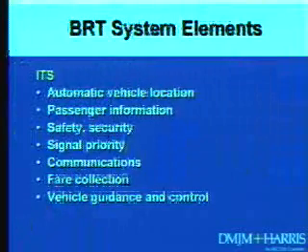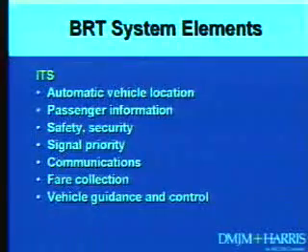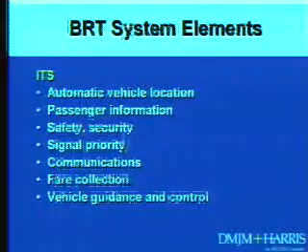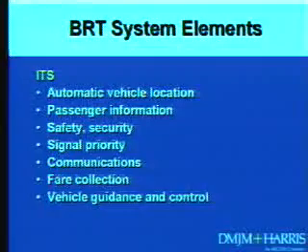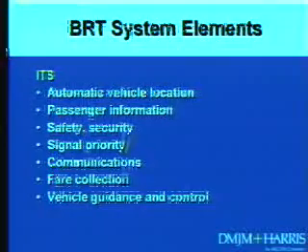Intelligent transportation systems. A whole lot of different things help implement bus rapid transit. Automatic vehicle location, AVL, gives us the capability to manage the system, keep the buses spaced apart, and tell our customers where the buses are. We're sometimes very reluctant to do that. I don't know why.